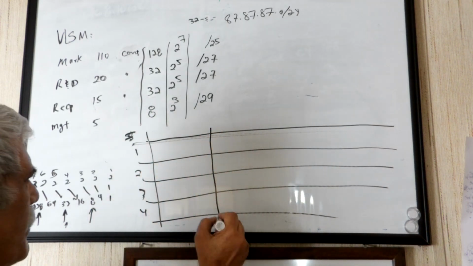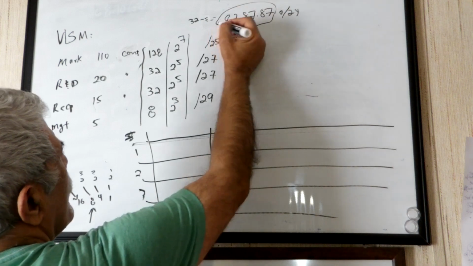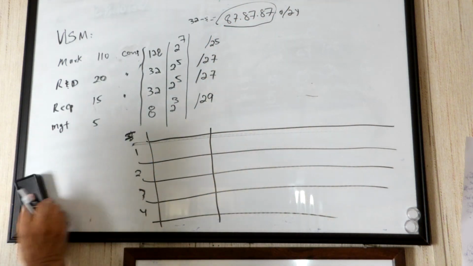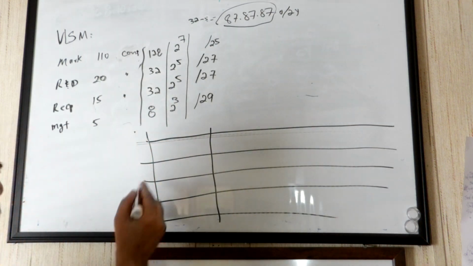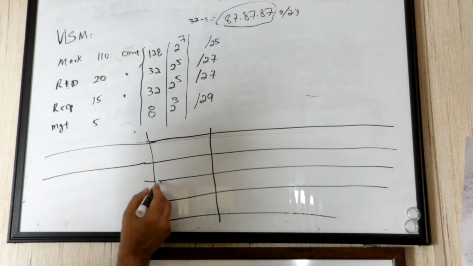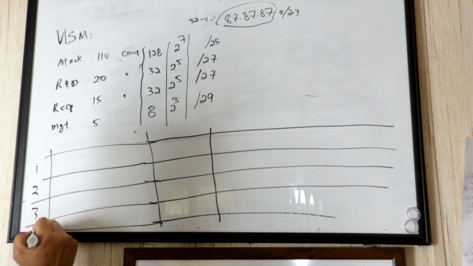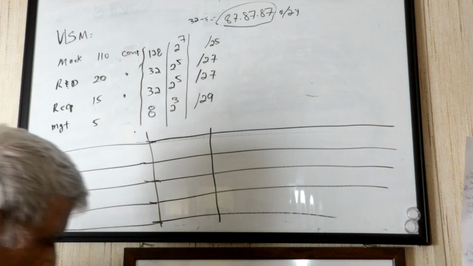What is going to be the subnet mask? Okay, we write this one here. Let's erase this one, because we are going to need a lot of space here. Sub 1, 2, 3, 4.